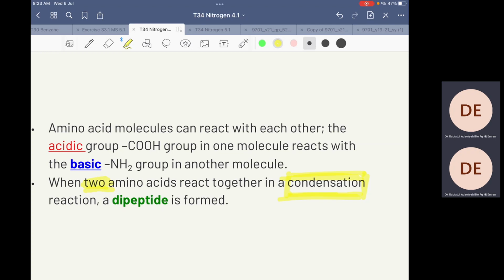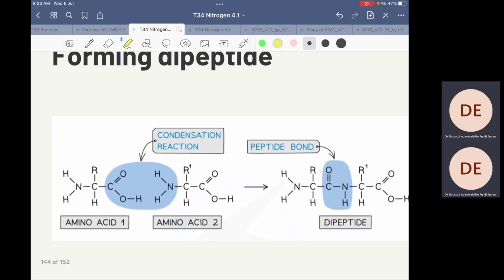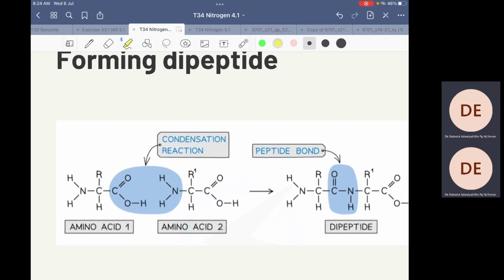When we combine the two molecules of amino acids together, in the process, we also lose something. Okay, so usually we lose water, H2O. Okay, so let's see how this is a condensation reaction. So I've got amino acid 1, amino acid 2.